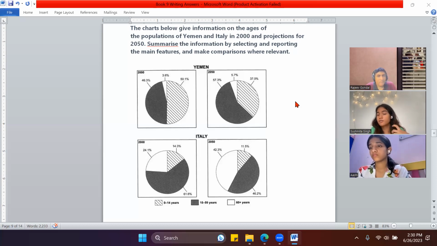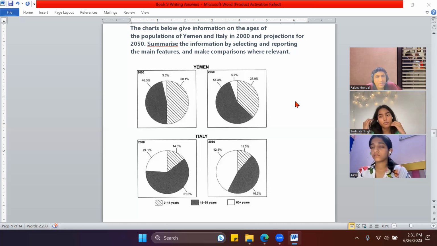However, the projected trend suggests that there will be an increase in the number of people above the age of 60 and a steep decline of 2.5 to 3% in people who are of the very youngest age, 0 to 14. There is also a decline in the working population of 15 to 59. We can talk about the data like this, and we can give a summarizing line if we have the word limit to support it.